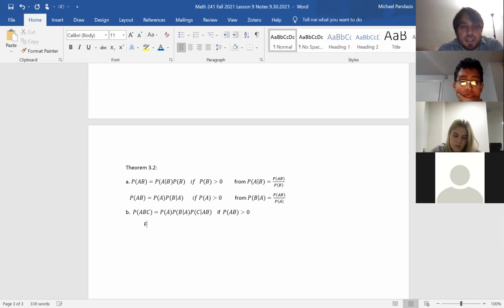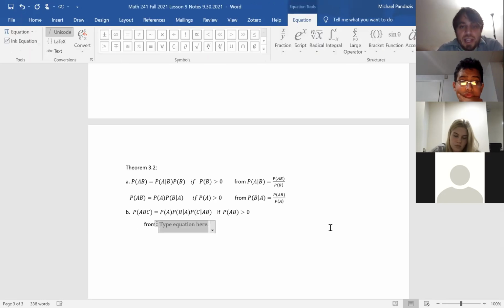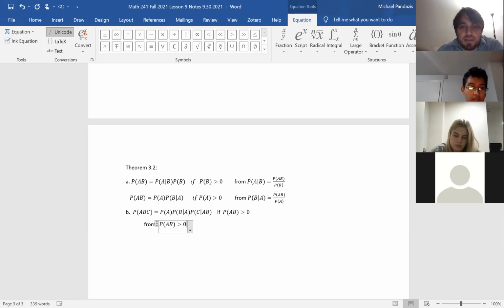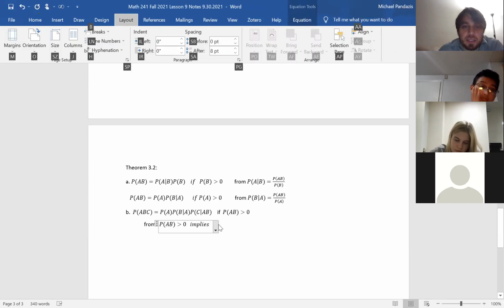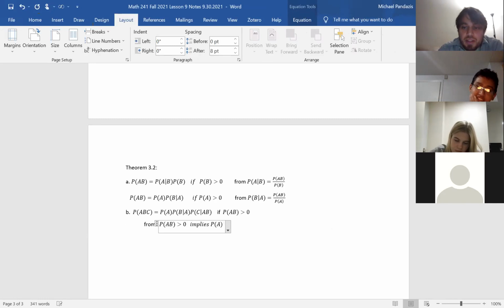And so how do you get this? Well, first, given that P of AB is positive, that actually implies that the probability of A is positive and the probability of B is positive.